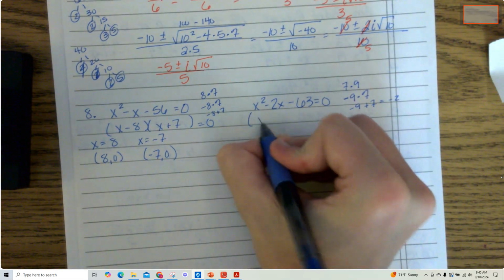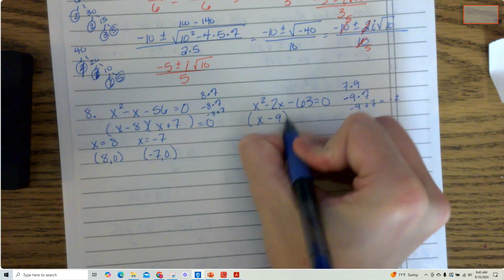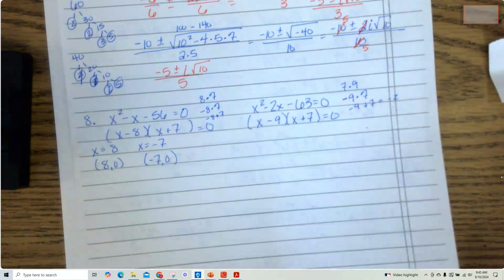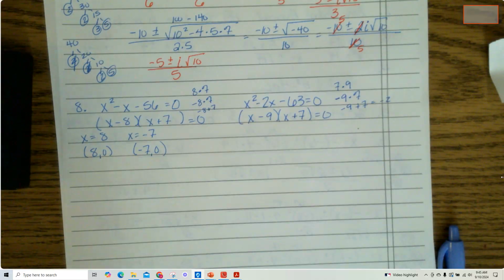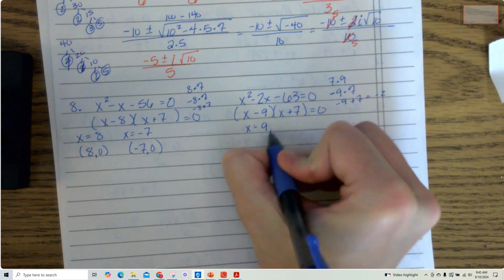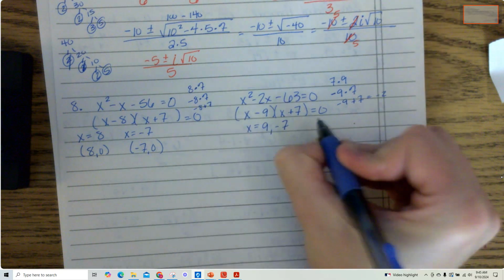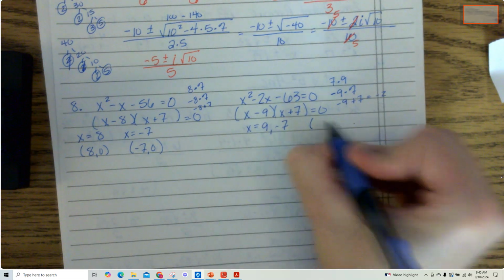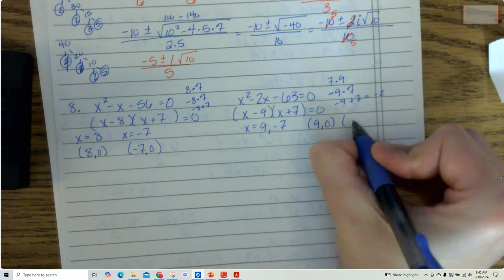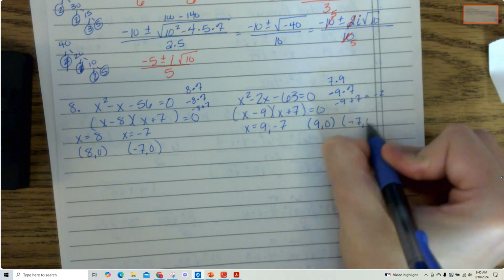So your factors, would it be the 9 first? It honestly doesn't matter, because multiplication is commutative. Then x equals 9 comma negative 7, and your x-intercepts are 9 comma 0 and negative 7 comma 0.